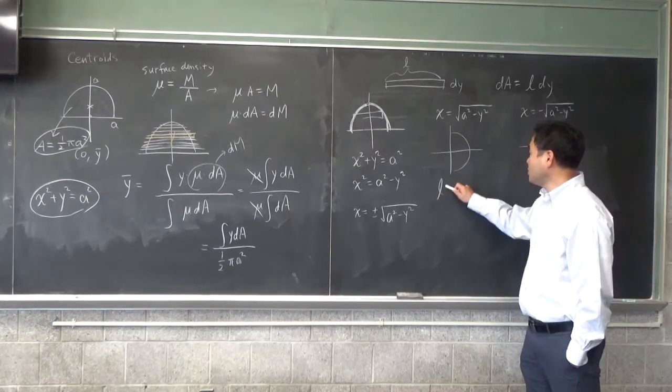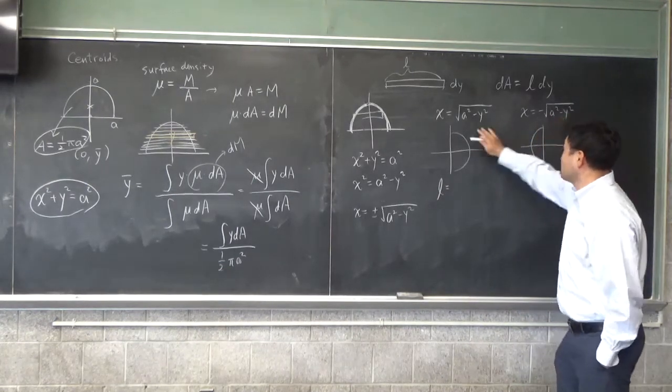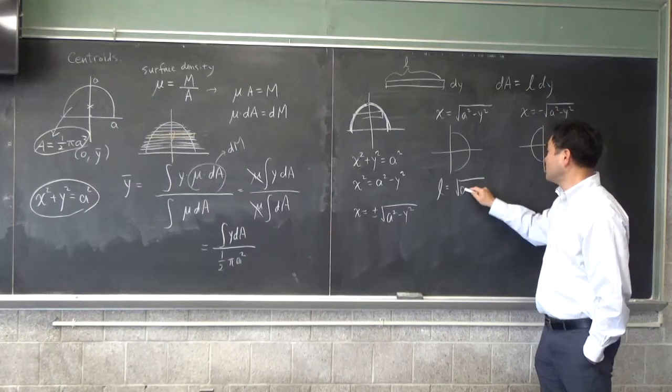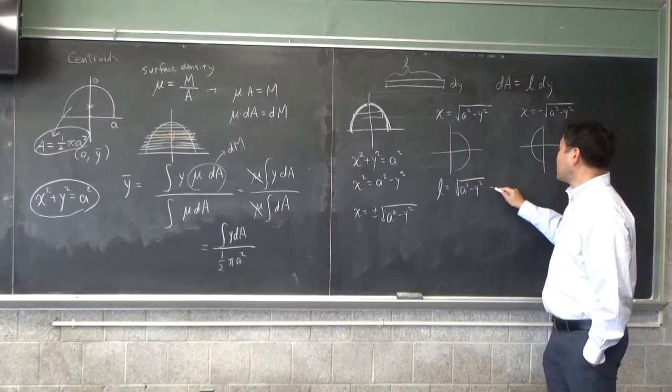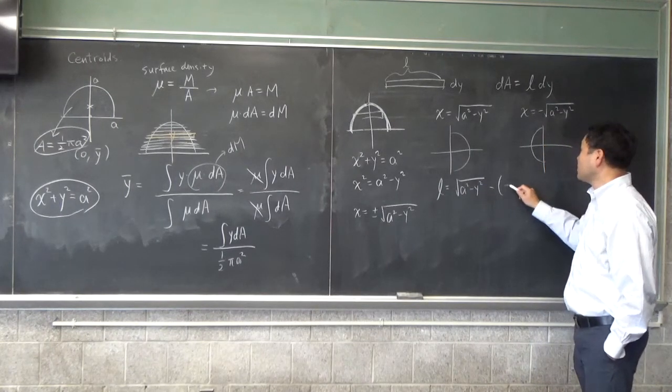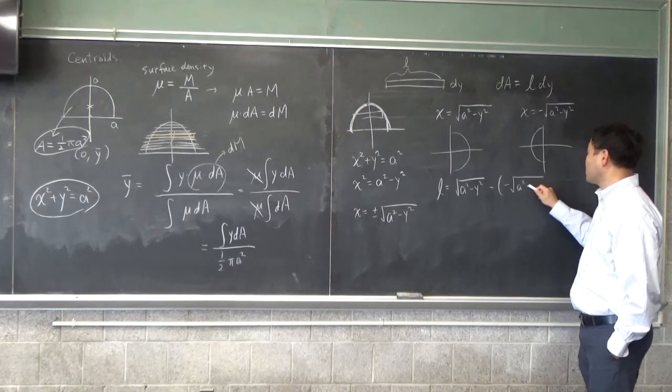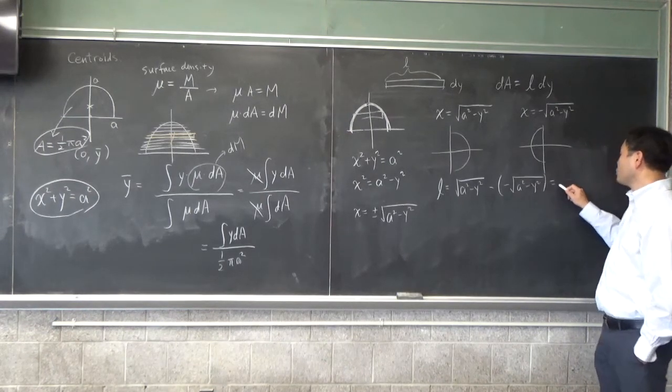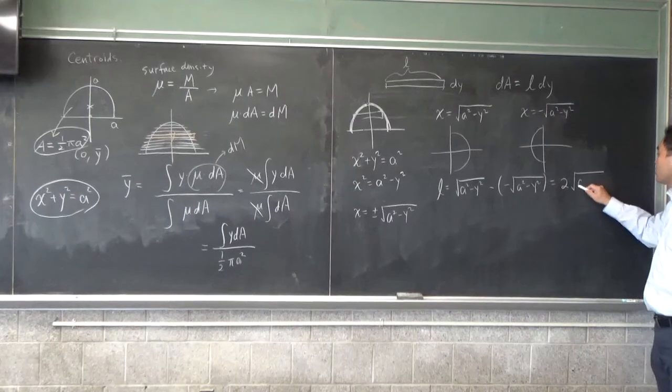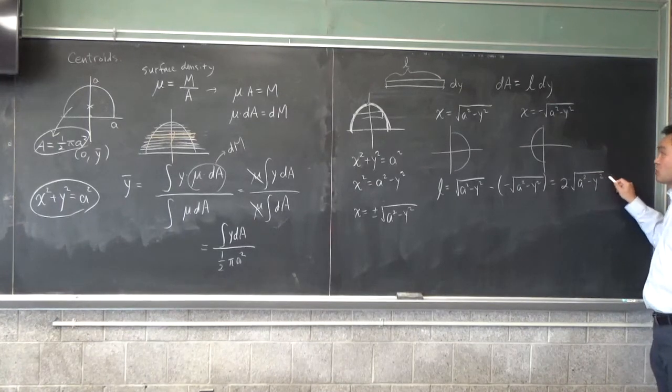Your L would be, the right would be this one, minus the left, which is negative square root of a squared minus y squared, which will become twice the square root of a squared minus y squared.